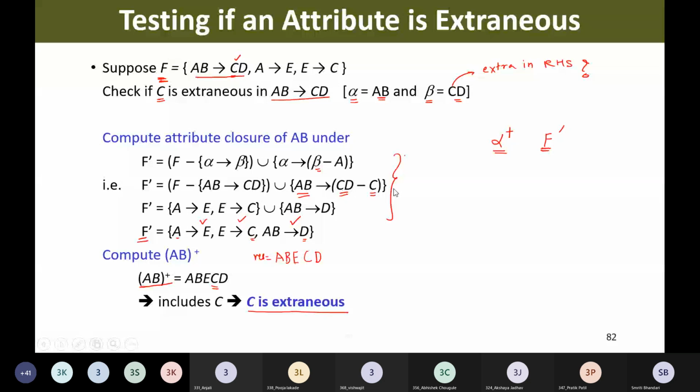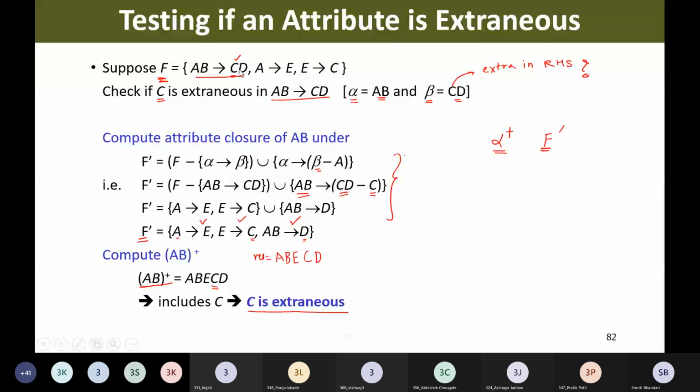I am giving you the exercise now. Consider the same set of functional dependencies F, and find out whether A is extra in this dependency, whether B is extra in this dependency AB to CD.